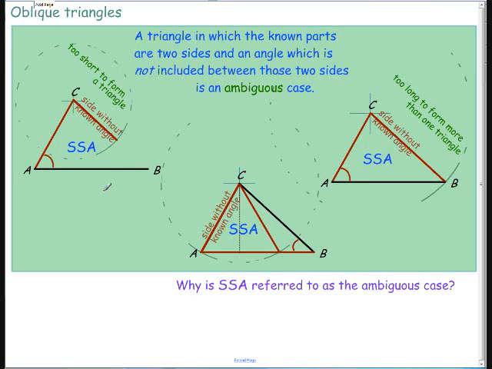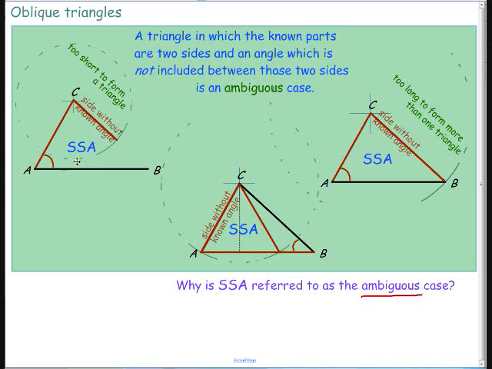Here's the one that is considered ambiguous, and let me show you what happens here. We have, just checking, make sure that was in place. Let me move it back. Okay. Here we have an angle, but it's not an included angle, and two sides.